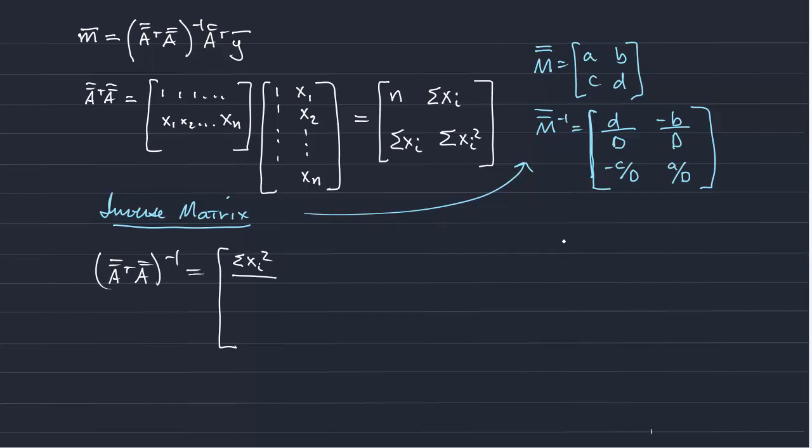And let's look at the determinant of A transpose A. The determinant is n times the sum of square values of x, right? We have to multiply these two diagonal components, minus the product of the off diagonal terms.